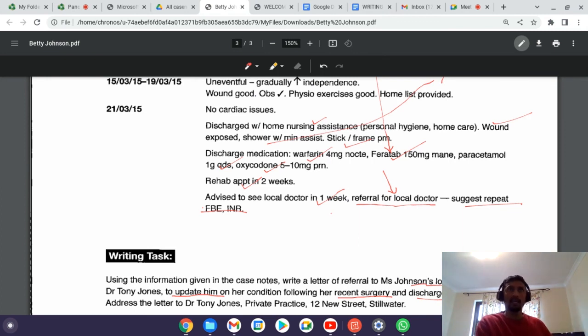Then the second priority is what happened to the wound, what the present condition of the wound is, and what the receiver needs to do for this particular wound, such as dressing. If the wound is exposed, there is no need for wound dressing at all. You can say that, and showering with minimum assistance, then mobility comes next, and personal hygiene you can mention last.